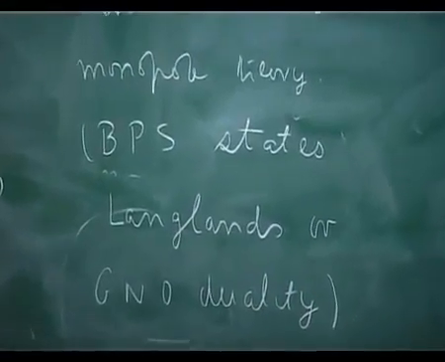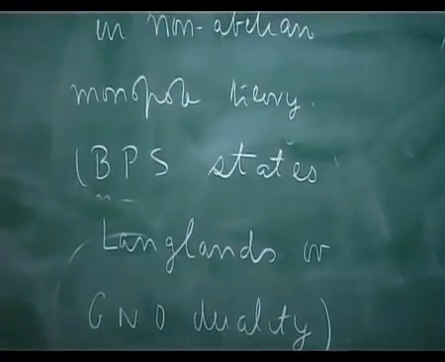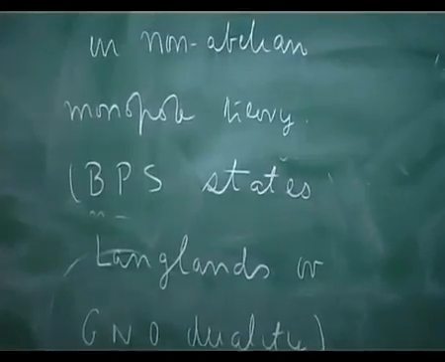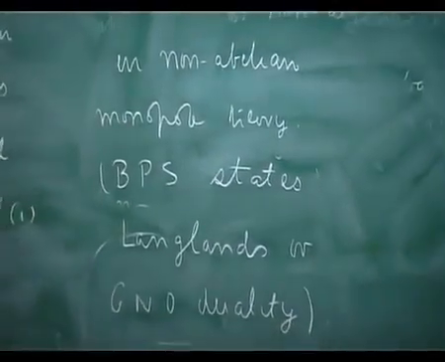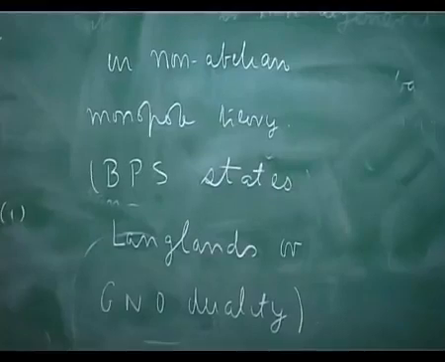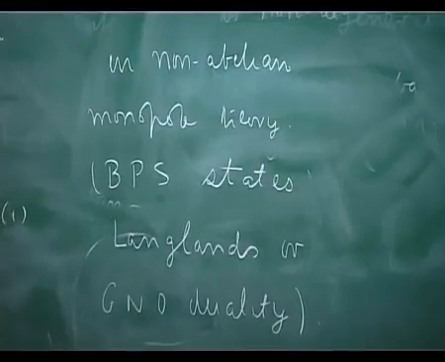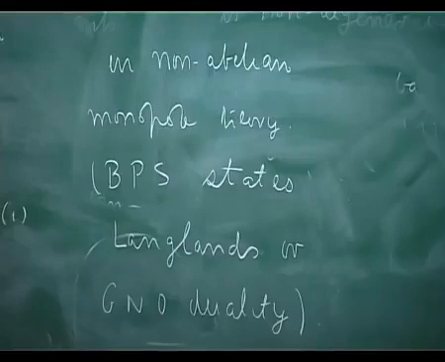All these things get connected. Langlands thing is very complicated. I don't understand it; it's part of the Langlands program which I don't understand. But this paper is very readable. GNO, Goddard-Nuyts-Olive, and they discuss how this happens. It is very beautiful. But anyway, let us keep going.